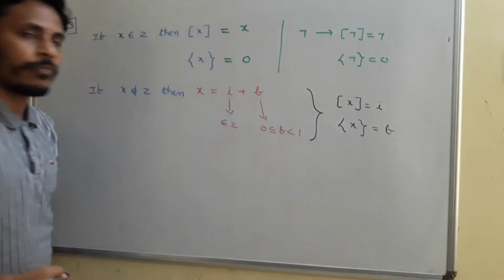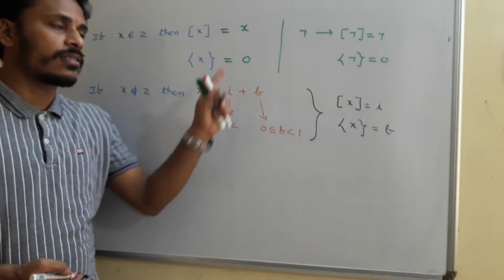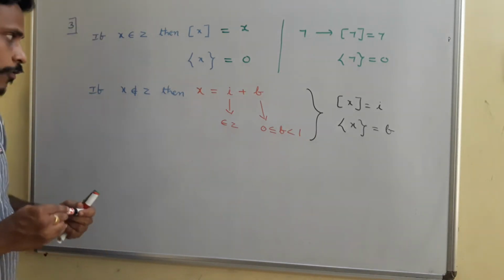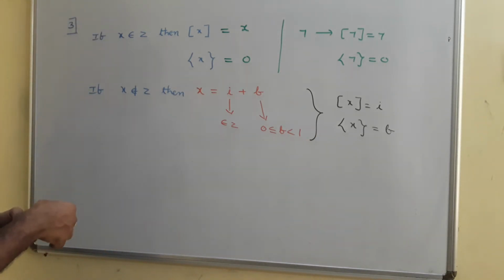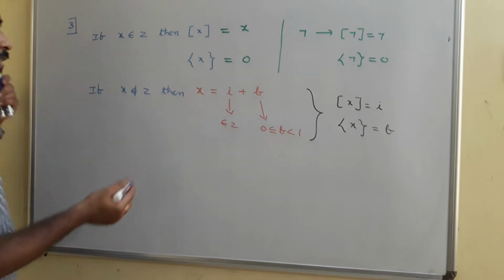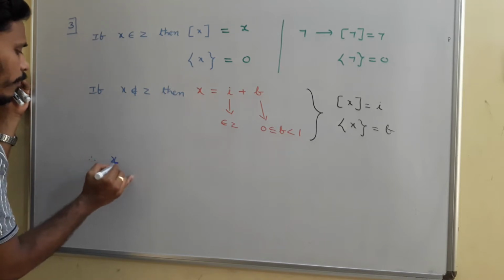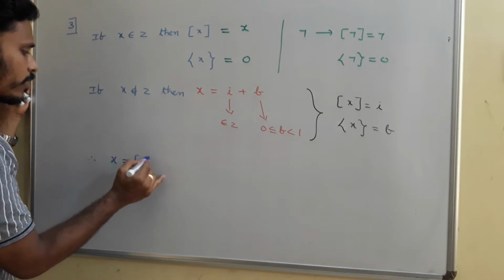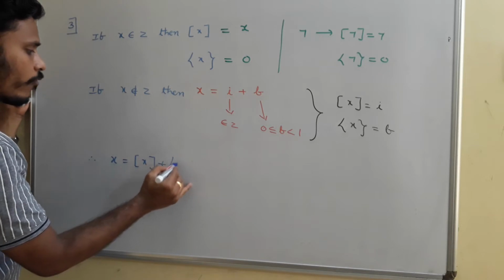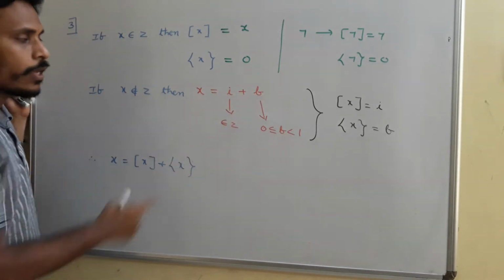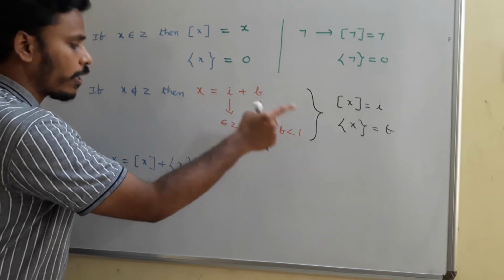Just think about it. The integral part is simply floor x, whereas the fractional part is f. By combining these two, easily we will say that x is equal to floor x plus fractional part of x. x is equal to I plus f, so I is floor x, and the fractional part of x is f.